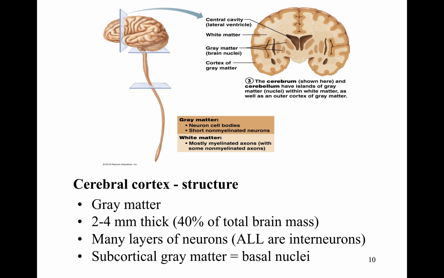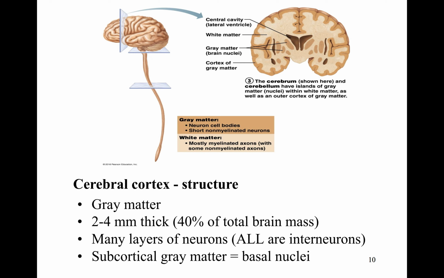The cerebral cortex is composed of many layers of neurons. All of the neurons in our cerebral cortex are interneurons. Remember, when we functionally classified neurons, we classified them as sensory neurons, interneurons, or motor neurons.